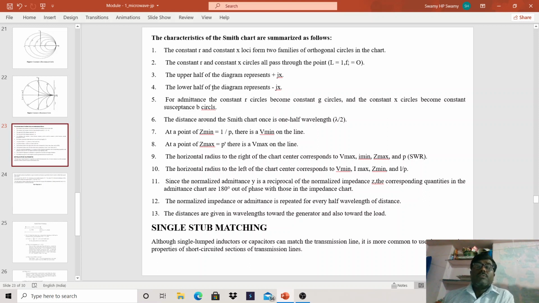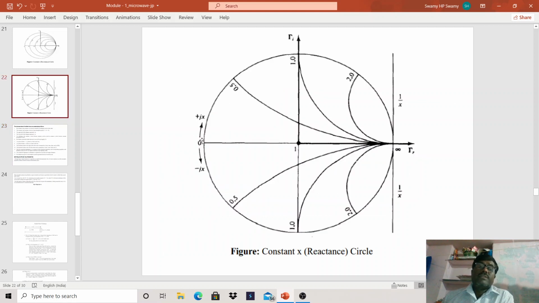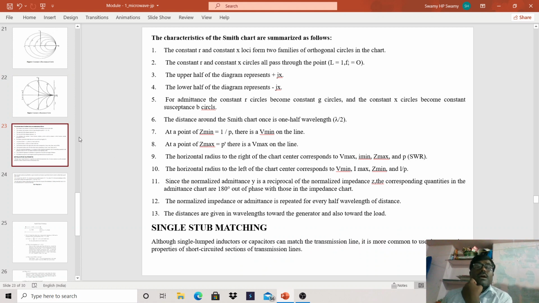The upper half of the diagram represents +jX, and the lower half is used to represent -jX.